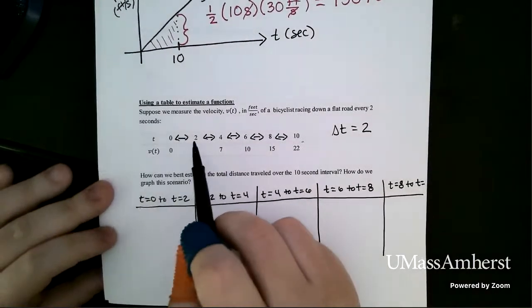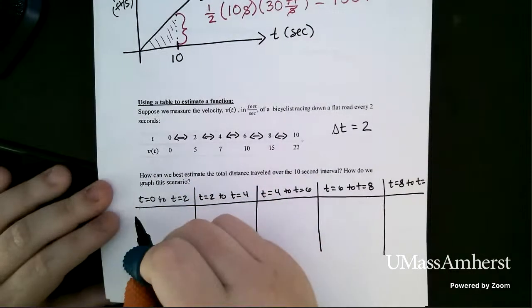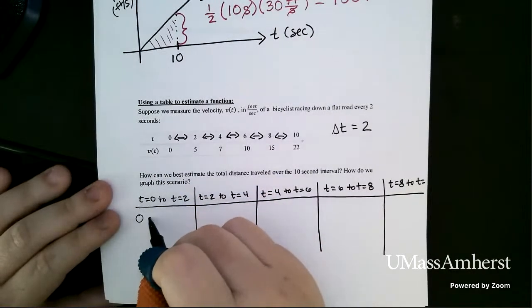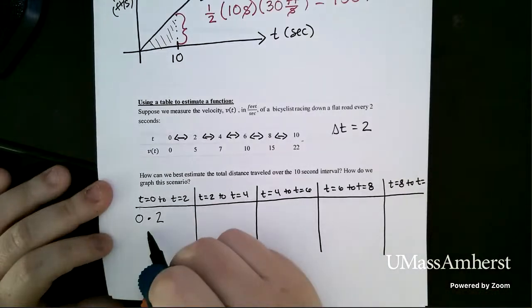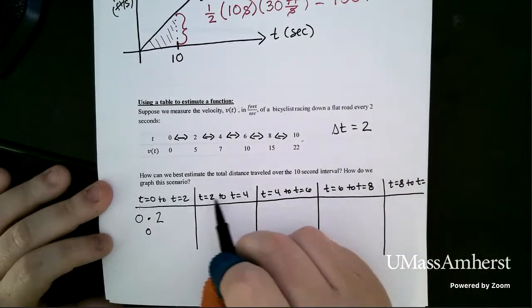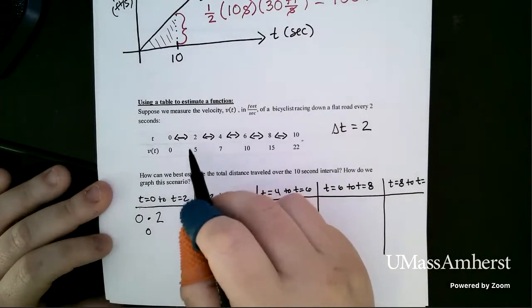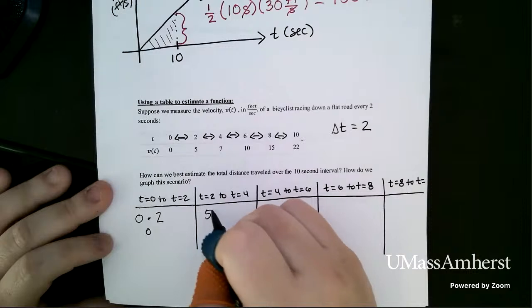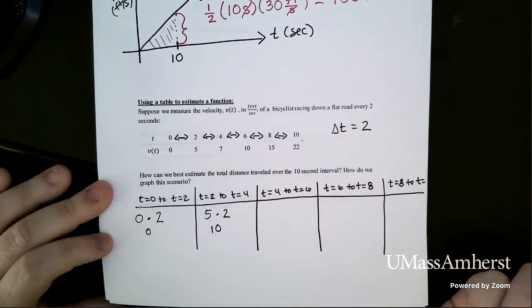So from time equals 0 to time equals 2, rate times time, if I pick the rate on the left, is 0 feet per second times 2 seconds, okay, which gives me 0. From time 2 to time 4, I pick the rate on the left. So between 5 and 7, I pick the 5. So rate times time is 5 times 2, which is 10.